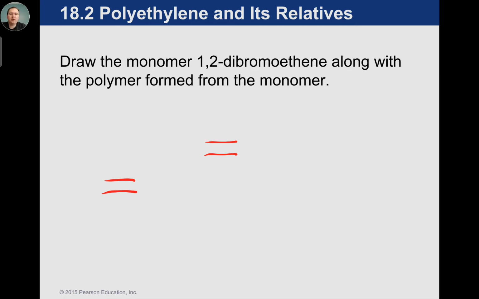When it says 1,2-dibromo, it just means first carbon, second carbon, first carbon, second carbon, and then bromine. So this is 1,2-dibromoethene, and it has 2 carbons, a double bond, and 2 bromines located at the first carbon and the second carbon. So it's a good review for the naming of our previous chapter.